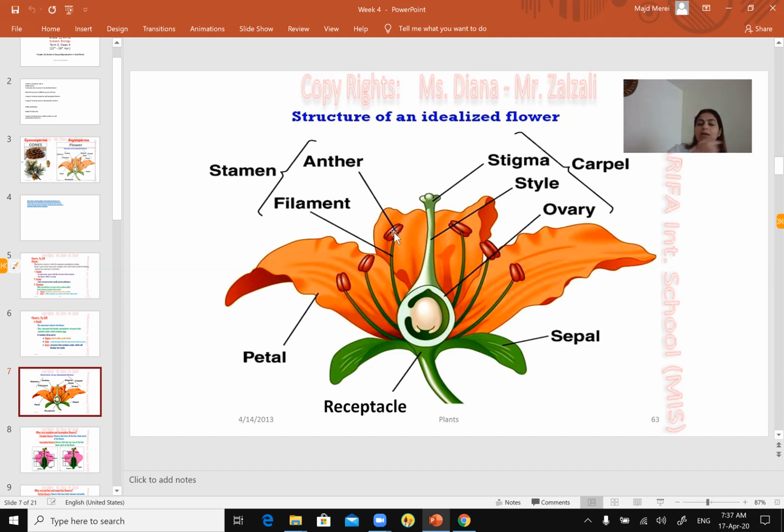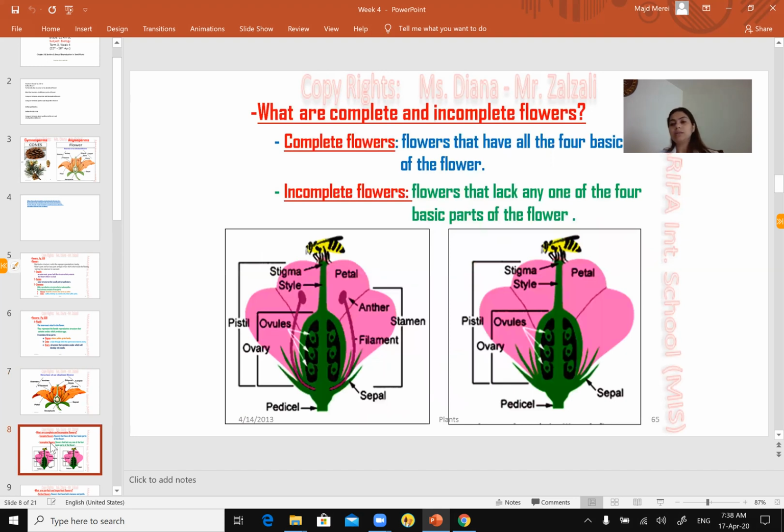Notice they are arranged from outermost to innermost: sepals, petals, then stamens made up of the anther and the filament, and the innermost one, the female reproductive part, pistil or carpel, which is made up of stigma, the style, and the ovary.